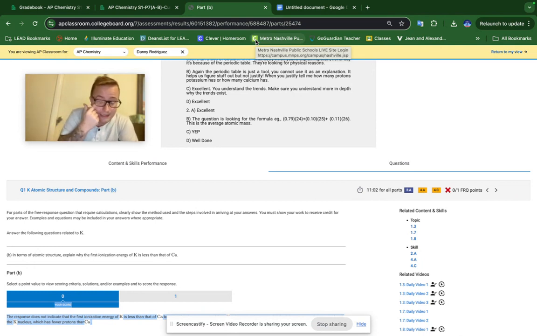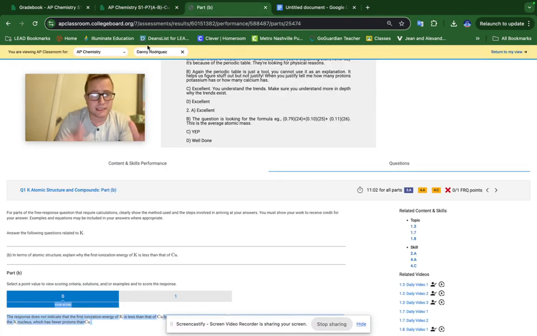The science indicates what, okay? Why is the ionization energy left? Not because it's on the periodic table. The elements aren't on the periodic table. Tell me why, okay? A lot of people miss A and B because we're using the periodic table as justification, which can never be the right answer. You'll find the same on the AP exam. Do not use the periodic table as an explanation.